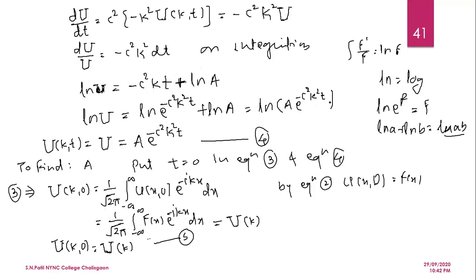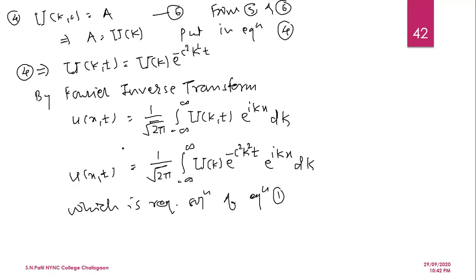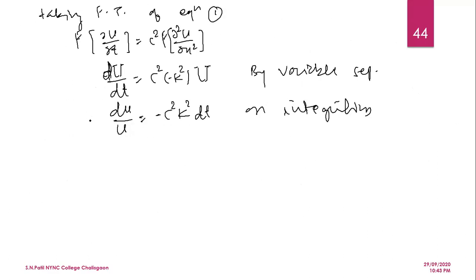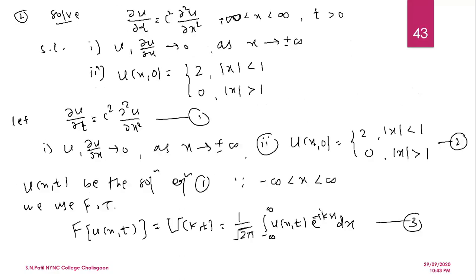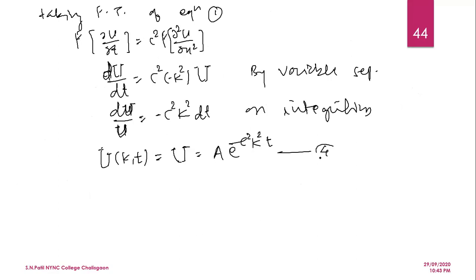This is the explanation: we use variable separable and on integration we get capital U, so I am directly putting the solution here. Capital U is a function of k and t. Just simply write capital U is equal to A e to the power minus c square k square t, equation number 4.